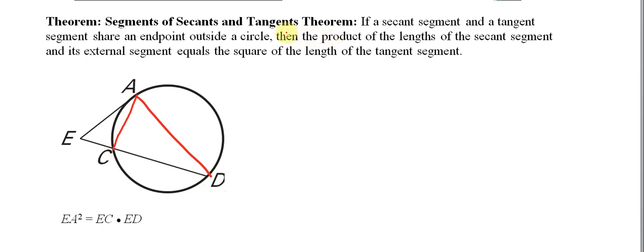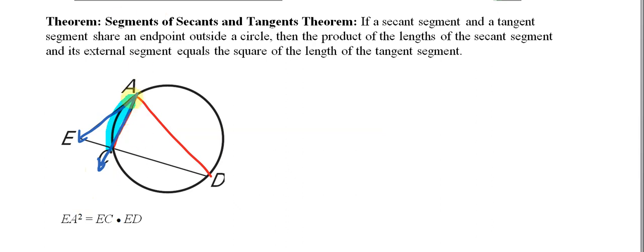When I do this, some congruences come into mind. If we look at this particular angle here, EAC, you see that it inscribes arc AC. So that light blue arc right there is inscribed by that angle EAC.